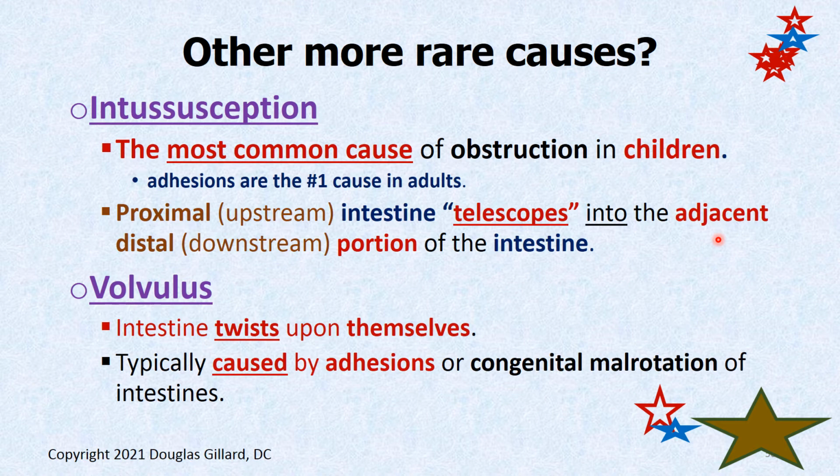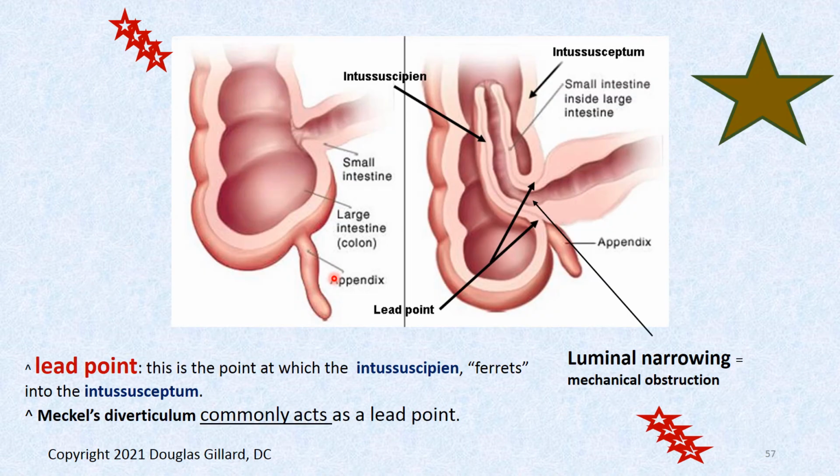Intussusception. So this is actually the most common cause of obstruction in children. It occurs when the upstream piece of intestine pushes into the downstream piece of intestine. And volvulus is where they twist on one another, but let's look at intussusception.